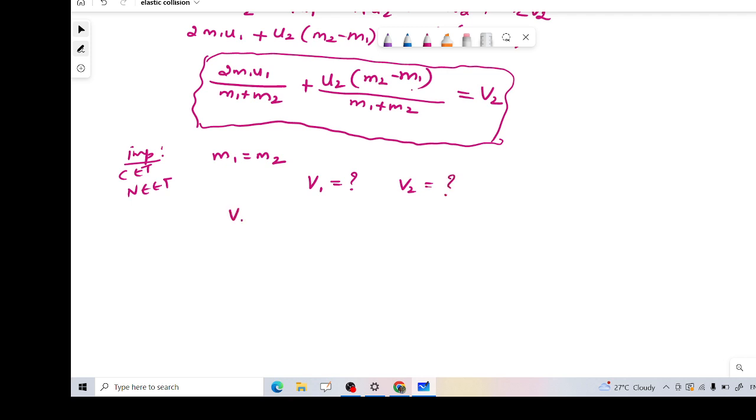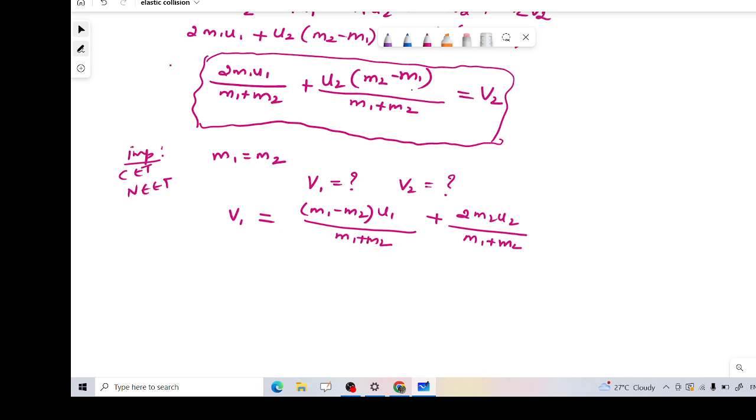So this v1 equation, v1 is what? v1 is nothing but m1 minus m2 multiplied with the initial velocity u1, plus 2 m2 u2, divided by m1 plus m2.